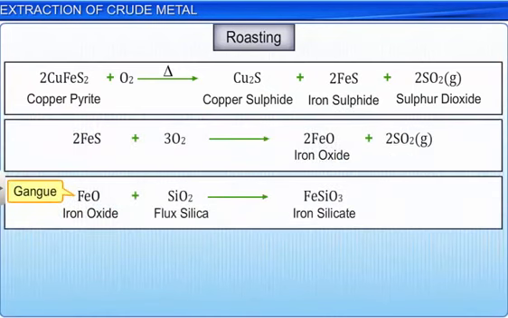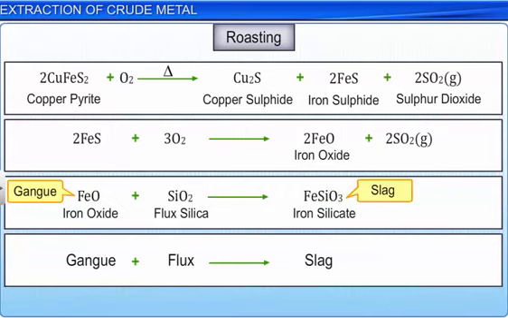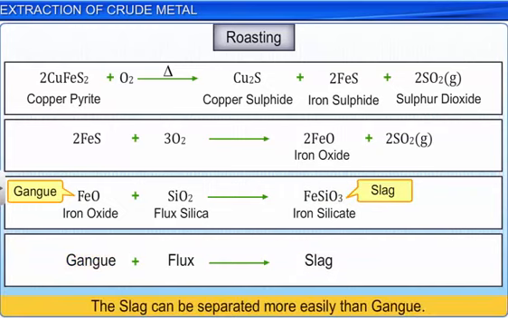Iron oxide reacts with silica and slags off as iron silicate. Note that the flux added during the metallurgical process combines with gangue to form slag. The slag can be separated more easily than gangue.